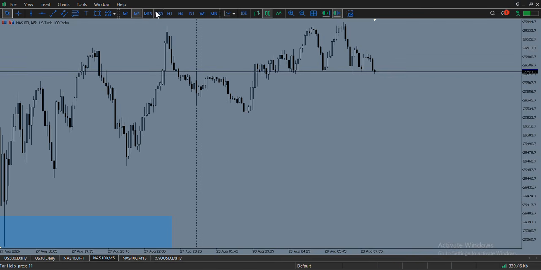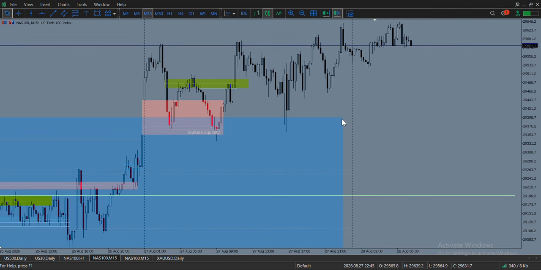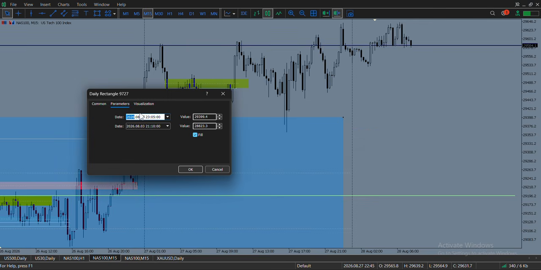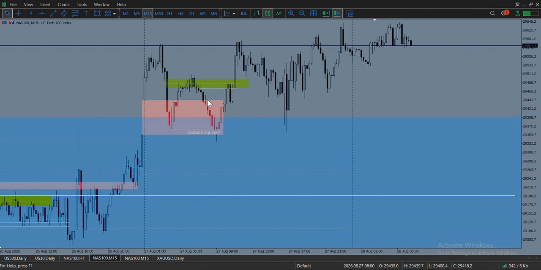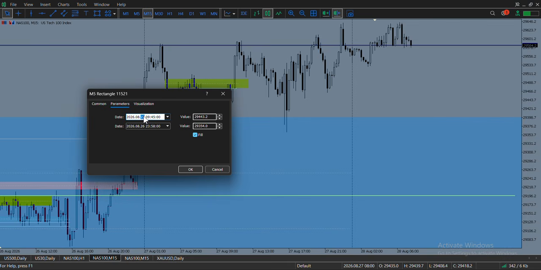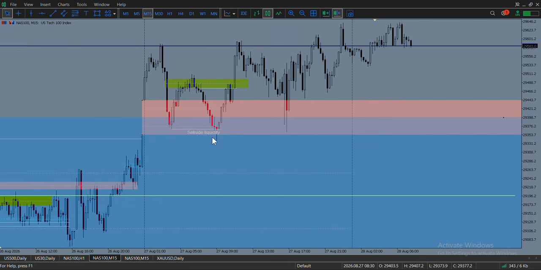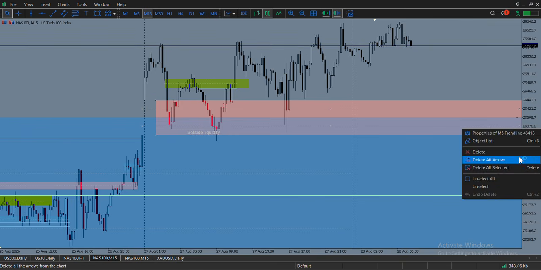Now on this 5-minute time frame here, I'm gonna extend this inefficiency out to 31st, extend this new day opening gap to at least 30th, and then the quadrants. Here we go.